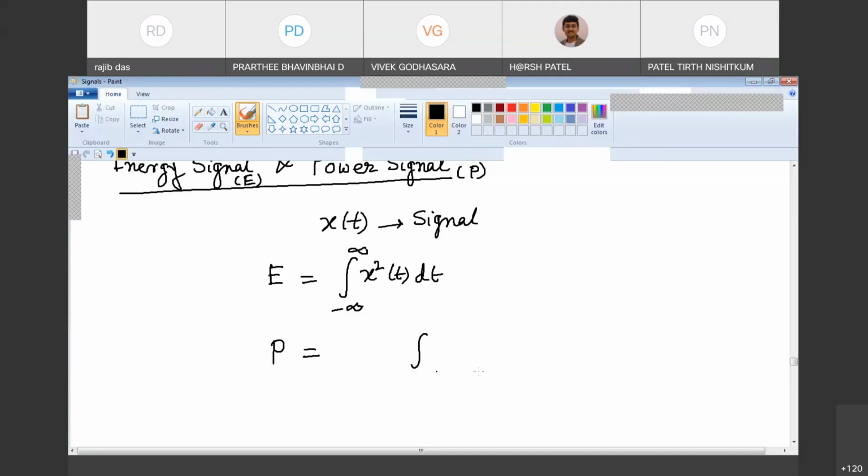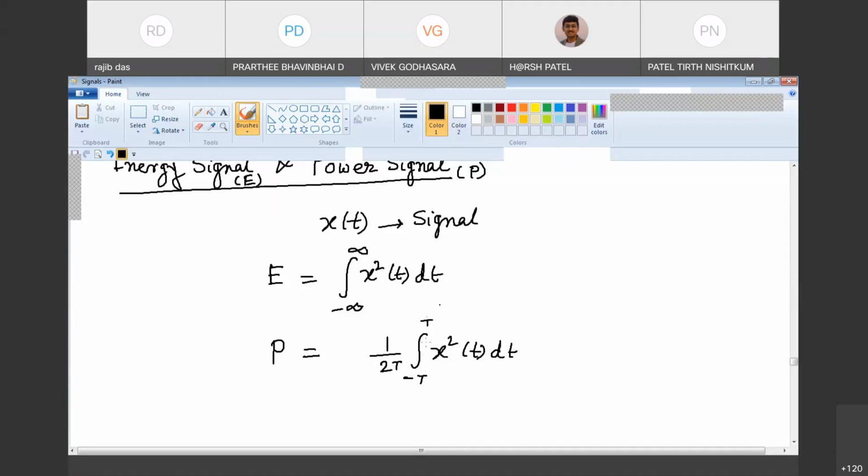Okay. So if we can compute from minus T to plus T, what is the total energy content? That is nothing but the integral of x squared t dt. Then if I divide by the total time width, I have considered 2T because minus T to plus T is a total width of 2T.